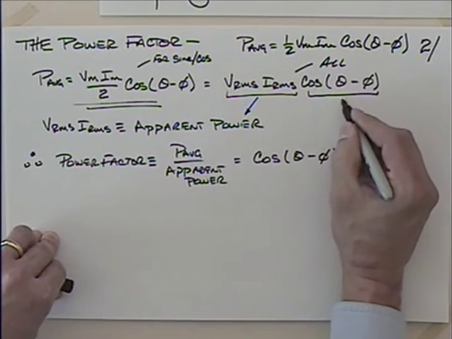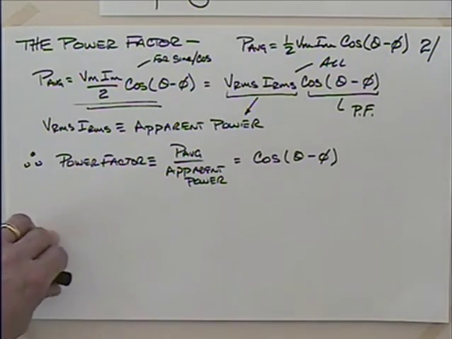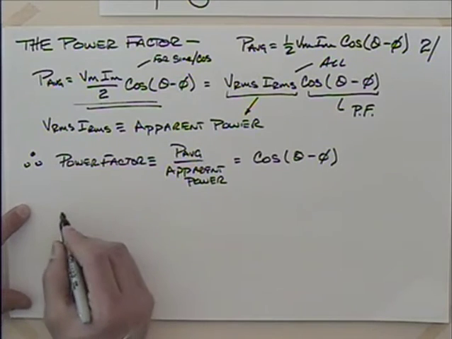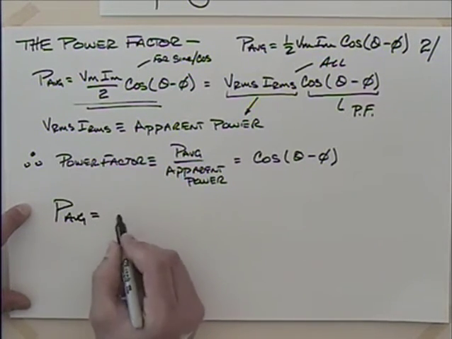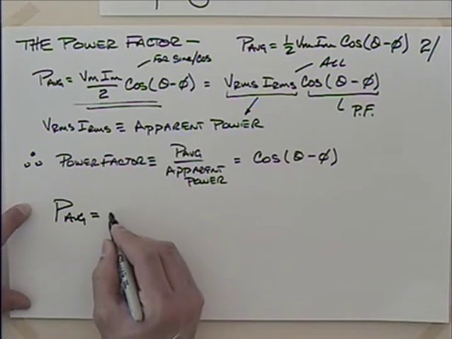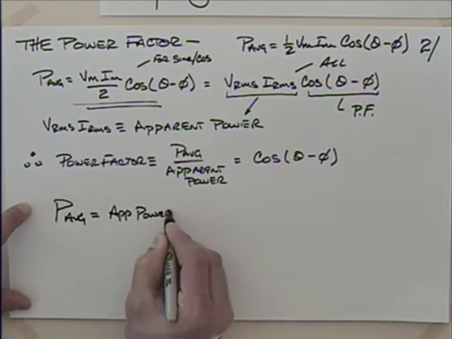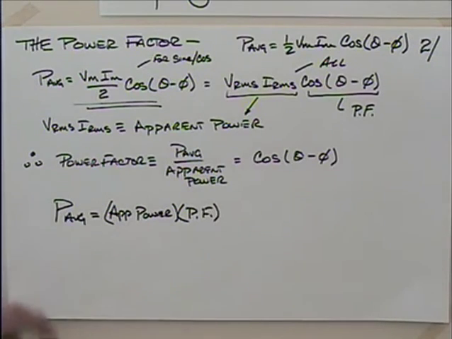So this is your power factor. So you could really say that the average power is equal to the apparent power times the power factor. So average power is equal to apparent power times the power factor.